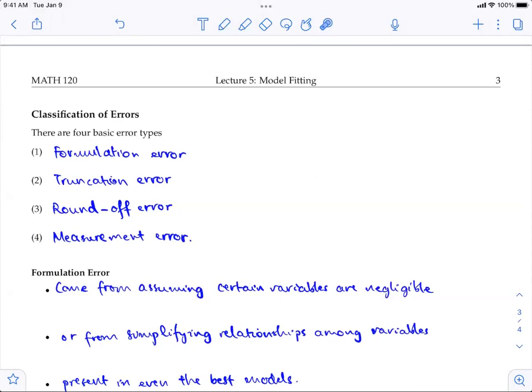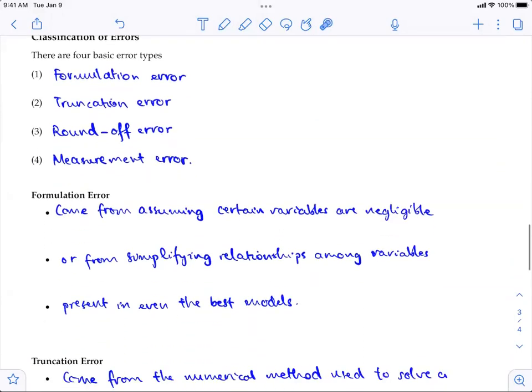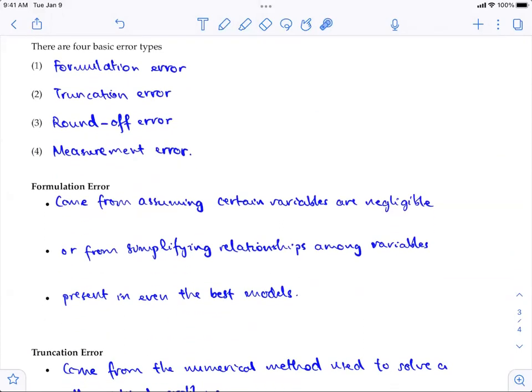Okay, so the formulation error comes from assuming certain variables are negligible, right? It always occurs in math modeling because there are so many variables in a phenomenon in real-world situations. So sometimes you have to choose variables that you can neglect and just focus on the main variables, right?